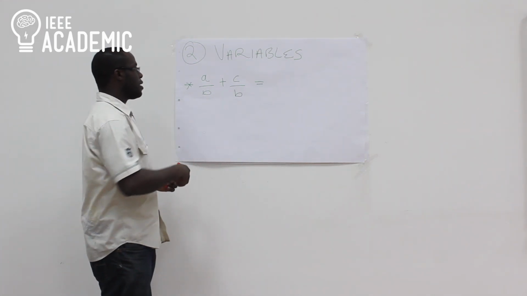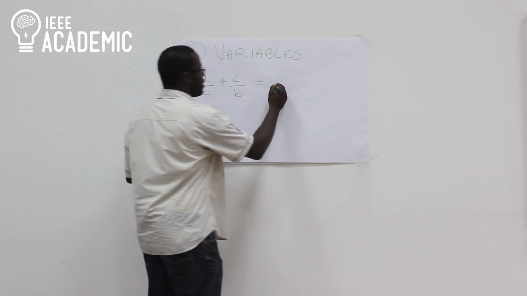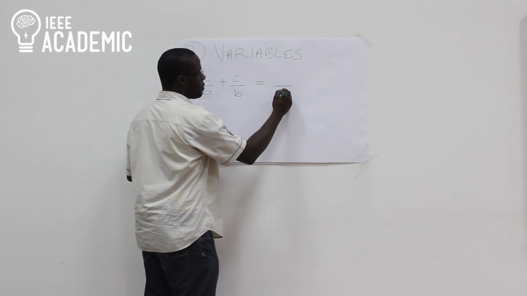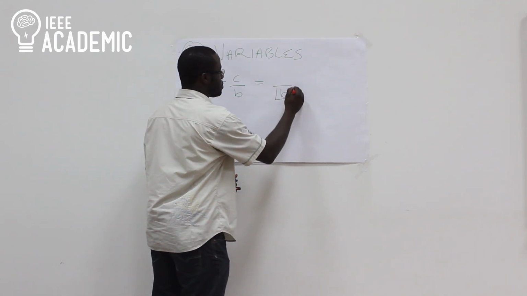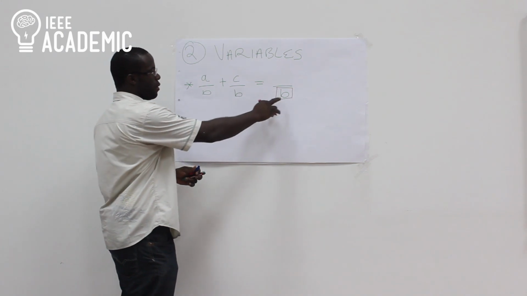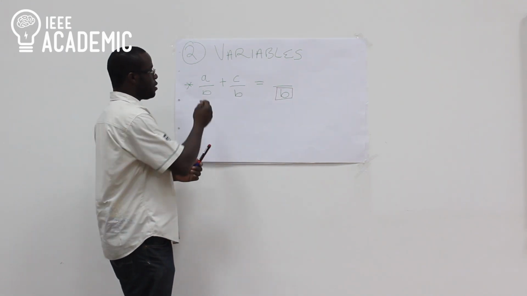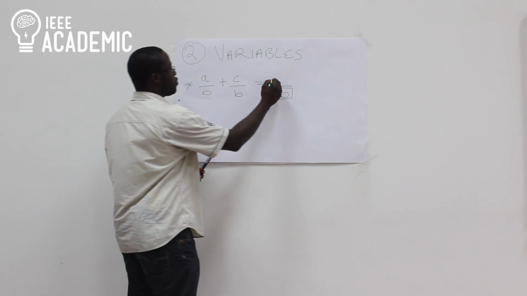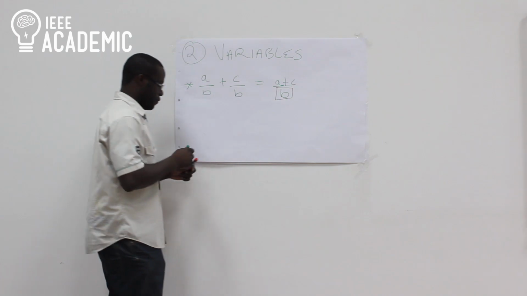If the denominator for the two parts of the equation are the same, then your answer would be B in this case. And since the denominator was the same and we have a common denominator as B, then you can just add the numerators together, and that will be A plus C.